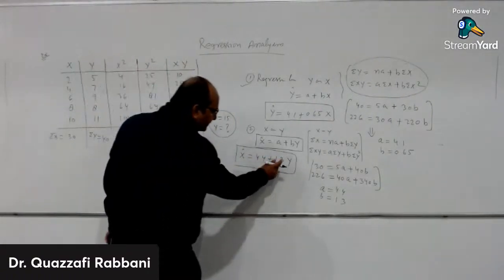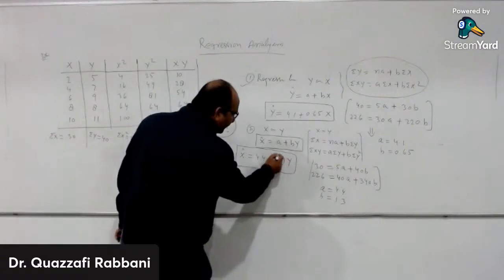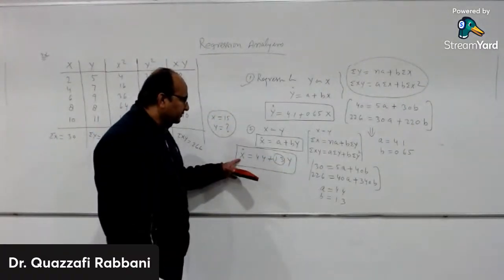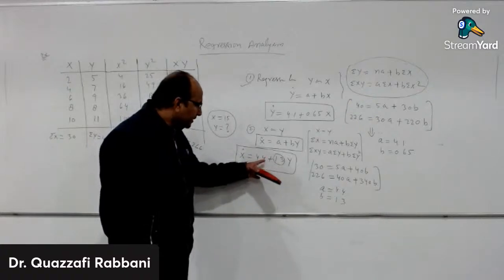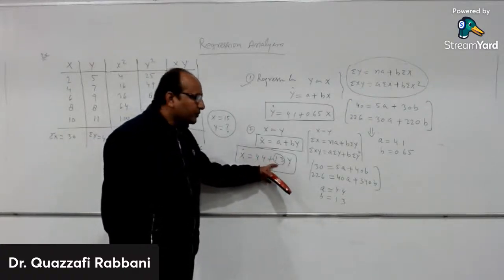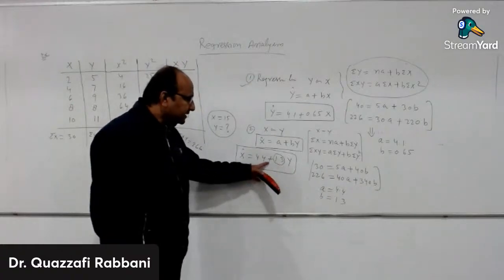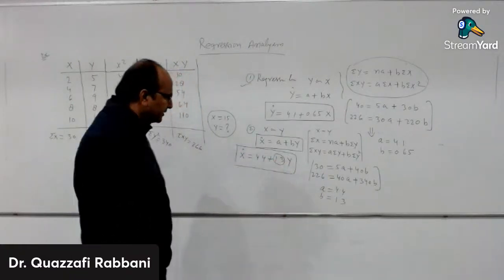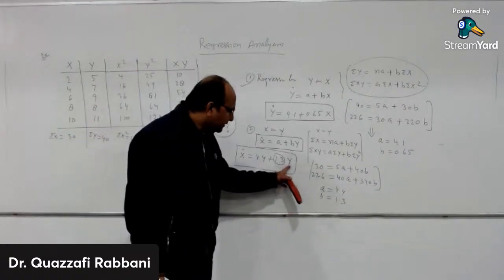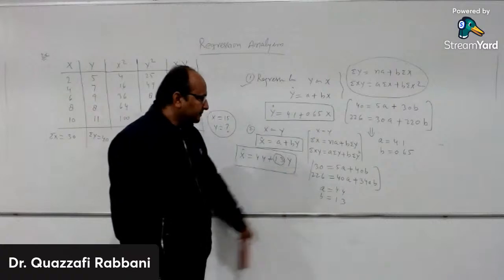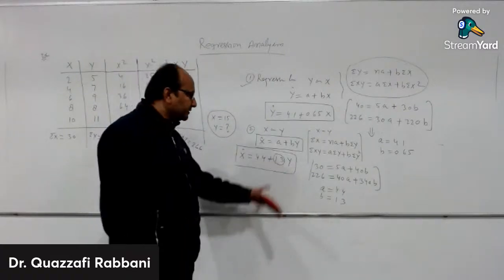This quantity is the regression coefficient, the change in the dependent variable. If it is positive, x increases by 1.3. If it is negative, then x will decrease by 1.3 quantity. When we add one unit in y, then x will change by this quantity.